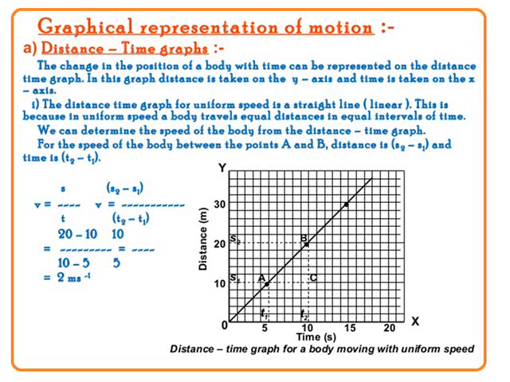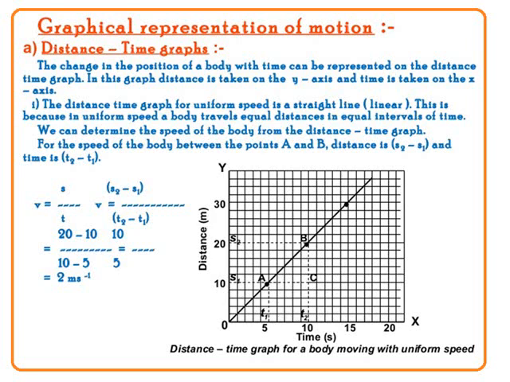So here S2 value is 20, S1 value is 10, T2 value is 10 and T1 value is 5. So the slope is represented by the formula S2 minus S1 divided by T2 minus T1.